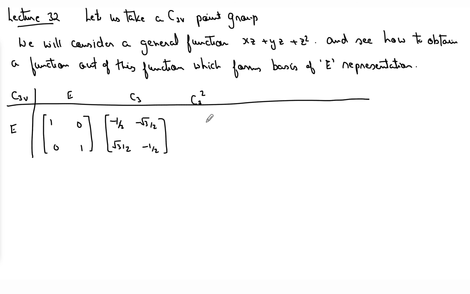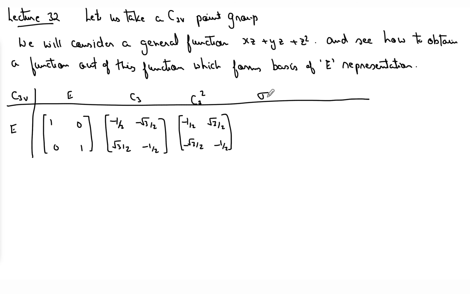For C3 square, I'm not going to show you how to do this now because we have already discussed this. C3 square is minus half, and this becomes plus, and this element becomes negative. This remains as minus half.